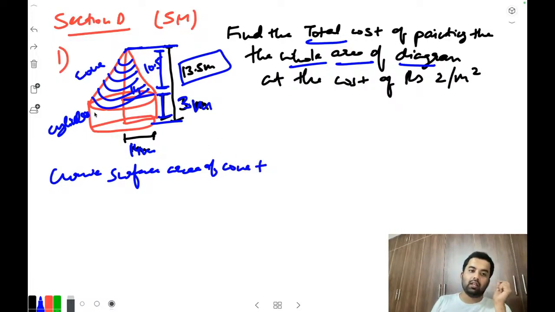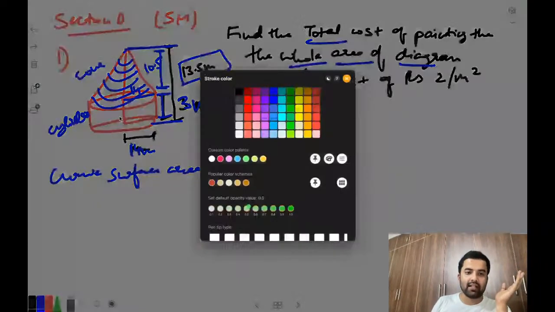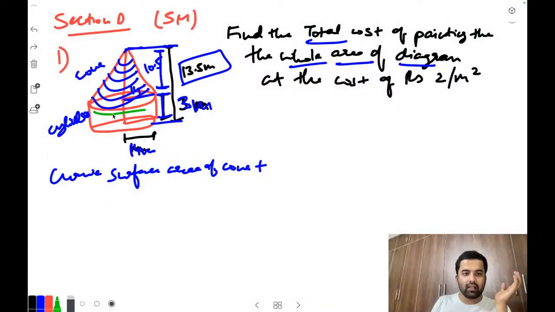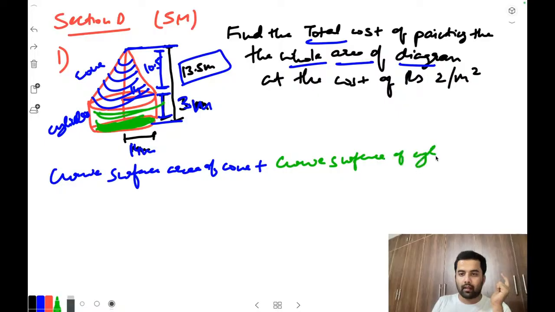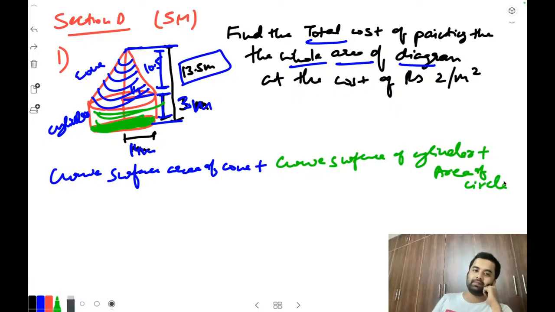Addition. Now you start painting the below one, which means the cylinder part. We painted these side parts, but the bottom part is still remaining, that circle part. So we paint the circle also. For the side part, the formula is the curved surface area of the cylinder, plus, now the bottom circle is still remaining, so plus the area of the circle.